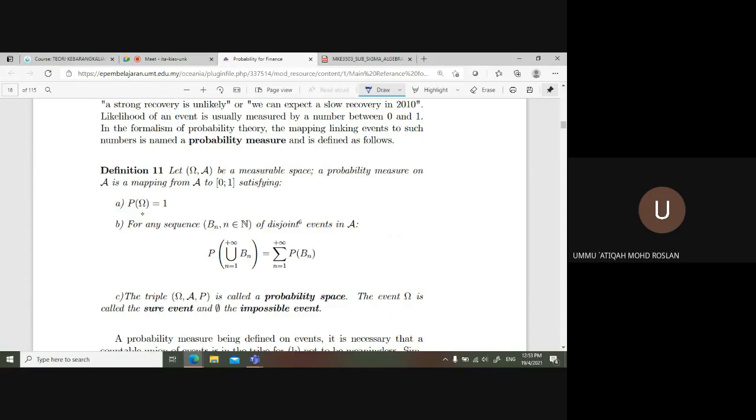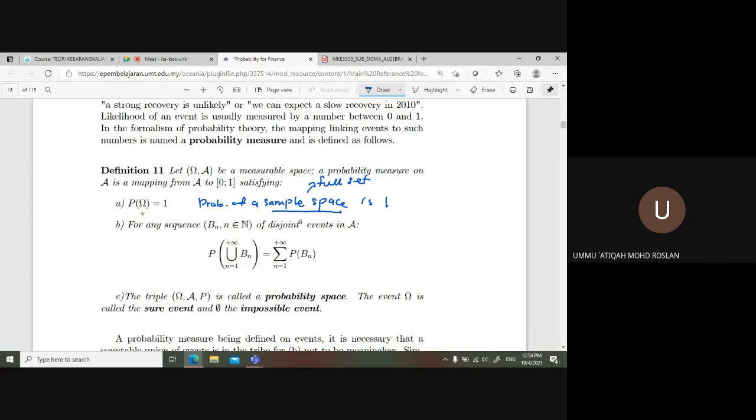We can write this as the probability of a sample space is 1. Sometimes, in mathematics we also call the sample space the full set.